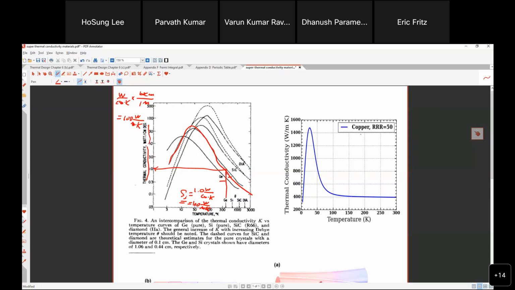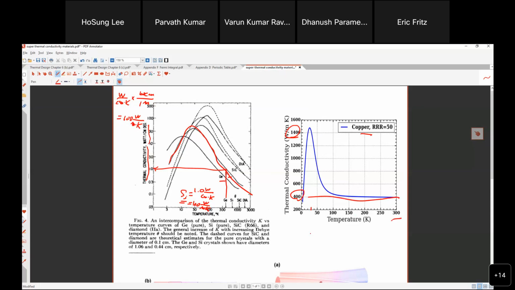And the copper, this is what happened. Thermal conductivity is very high, around 30. Look at that, 1400. Usually, room temperature is 400.